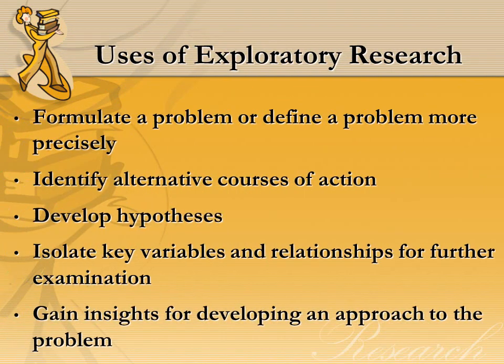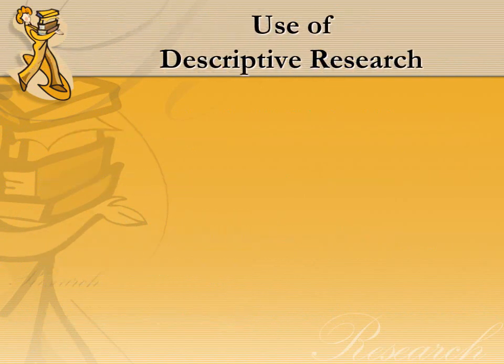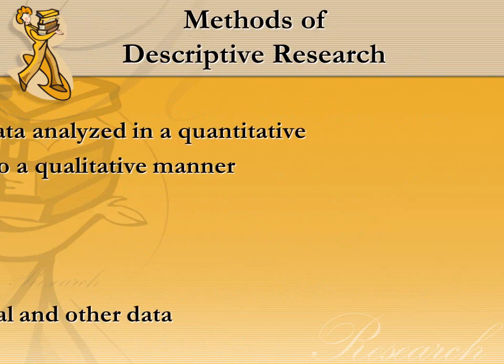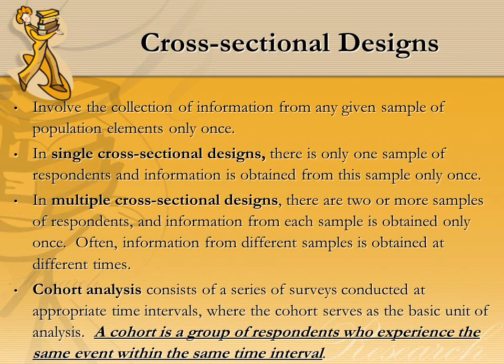That leads to the final discussion. Cross-sectional is of three types: single cross-sectional, multiple cross-sectional, and cohort. Single cross-sectional is a one-group design, where one member is picked only once. In multiple cross-sectional, more than one group is used, where only one person is picked from each group.